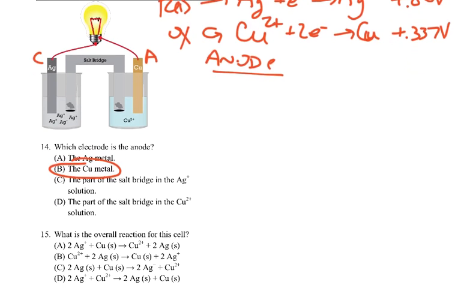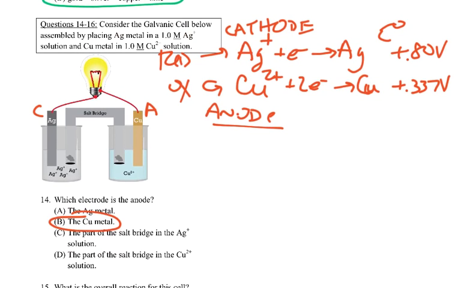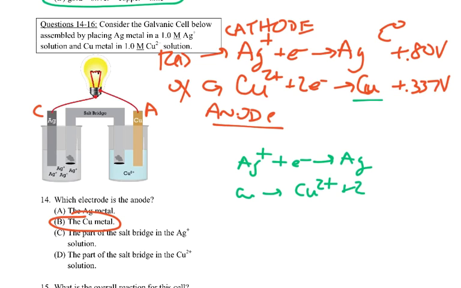What is the overall reaction for this cell? So silver is going to go as is, copper is going to go reverse. So we're going to put those two together. So I have Ag plus an electron becomes Ag neutral. And I'm going to rewrite the other one in reverse. It's going to be copper metal turns into copper 2 plus plus 2 electrons.